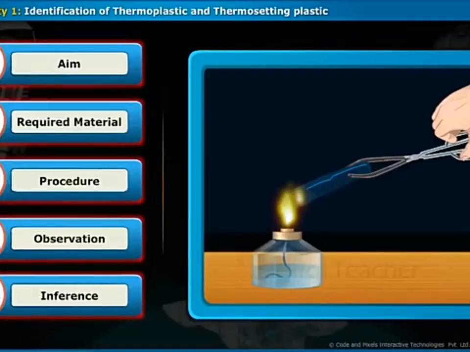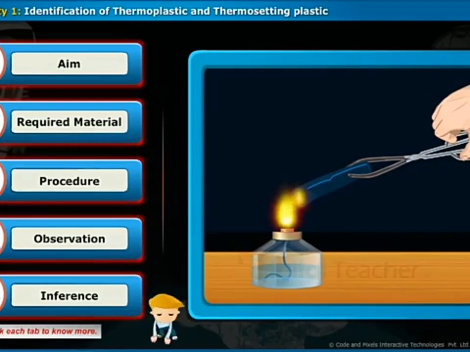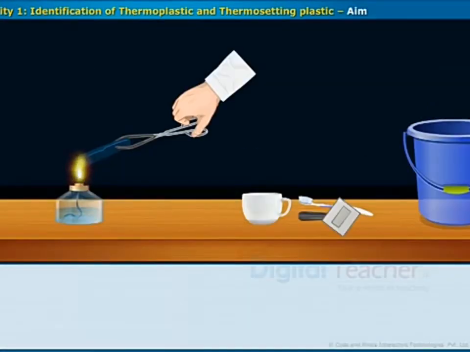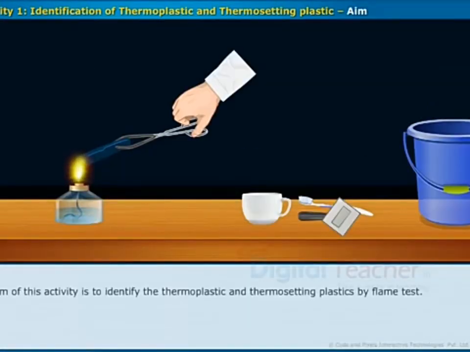Here, we perform a lab activity for identification of thermoplastic and thermosetting plastic. Click each tab to know more. The aim of this activity is to identify the thermoplastic and thermosetting plastics by flame test.